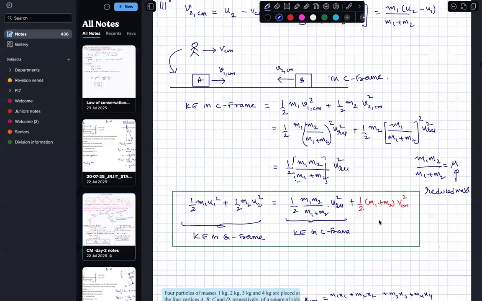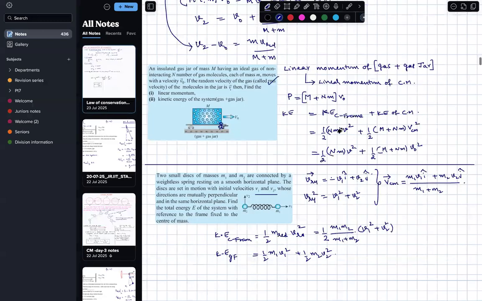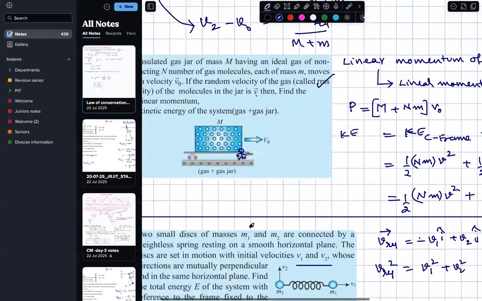This conversion factor is required. Now I'll explain what I have done. In the C frame, if you are in a container like this, you see that the velocity is only V relative.